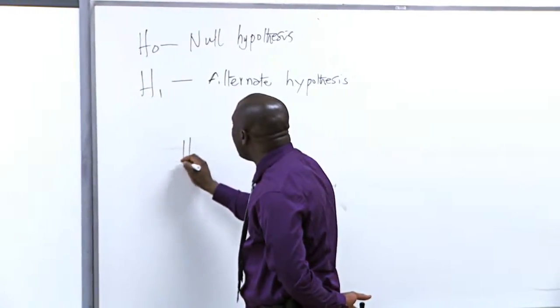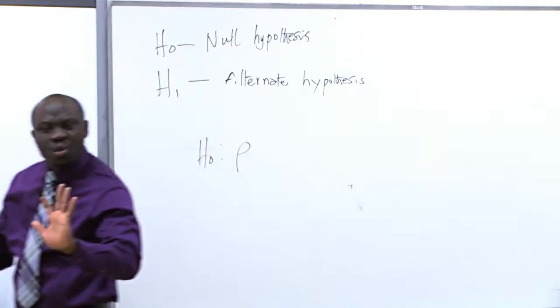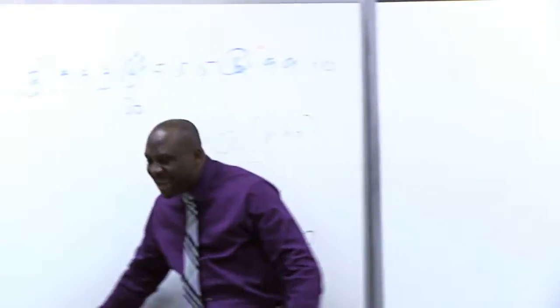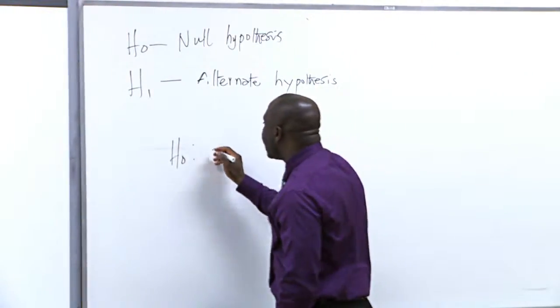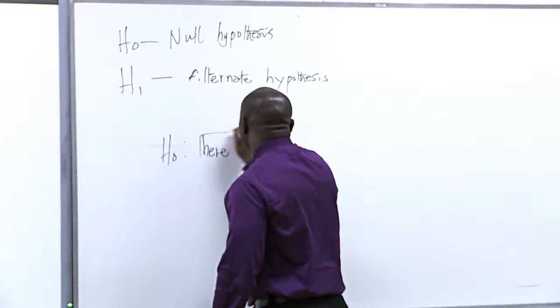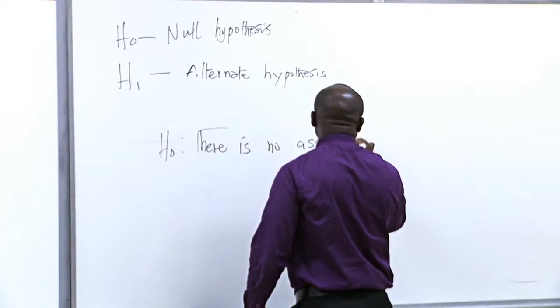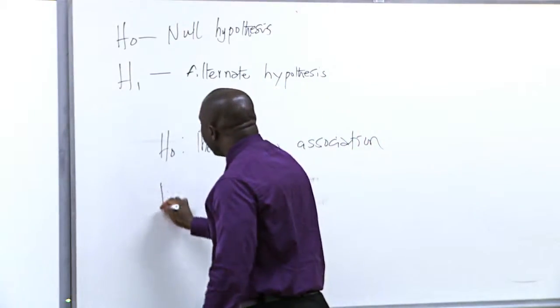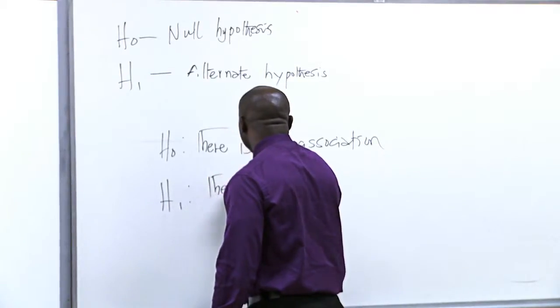Alternate. So H0, no, let me write that in words. I believe that would be better for most of you. H0 is saying that there is no association. And then this guy is saying, no, that's not true.